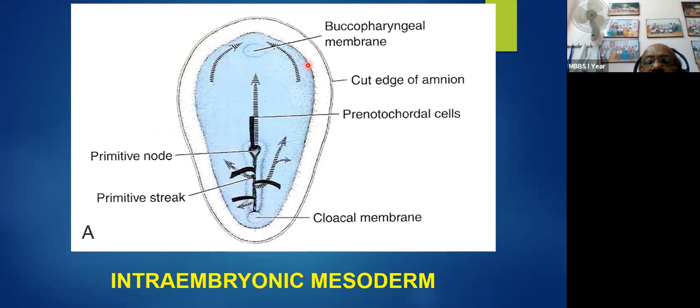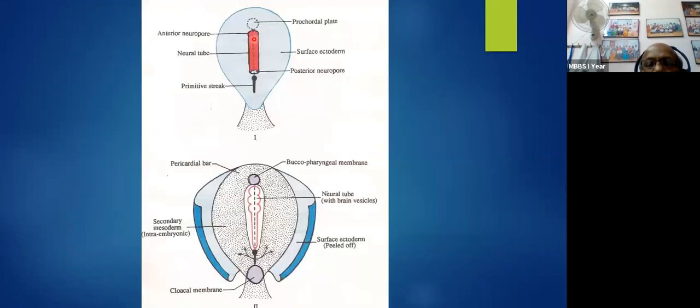From that only we have development of heart. So what you have to remember is that the development of heart is purely mesodermal in origin. The pericardial bar formed cranial to the buccopharyngeal membrane forms our heart.